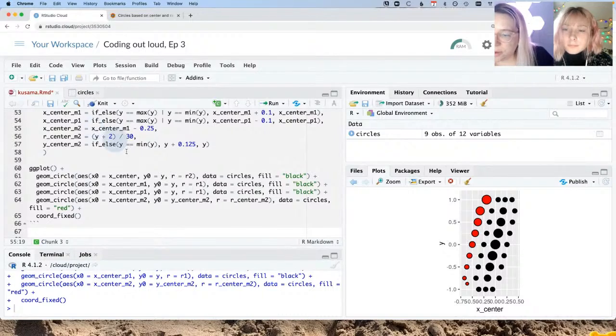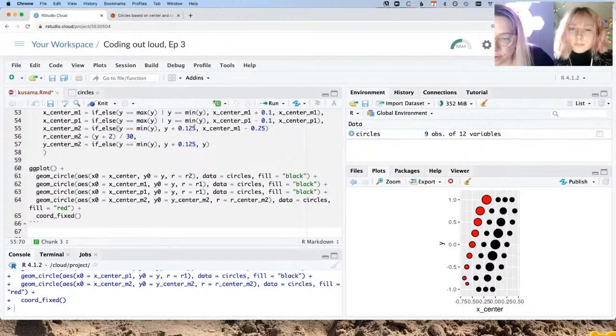So maybe we can bring this up here, something like this. So this is a condition we're going to want to say. It should be the x value plus some number.